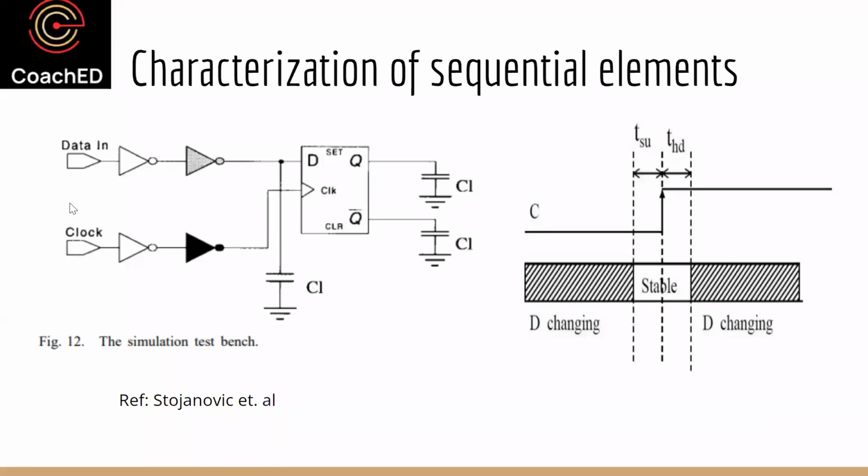In addition to these combinations of data and clock transitions, I also need to push the data closer and closer to the clock, because that's what basically a sequential element's setup time is, right? It tells you how close you can be so that the output is looking proper.